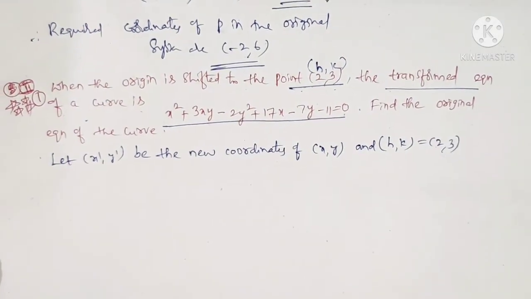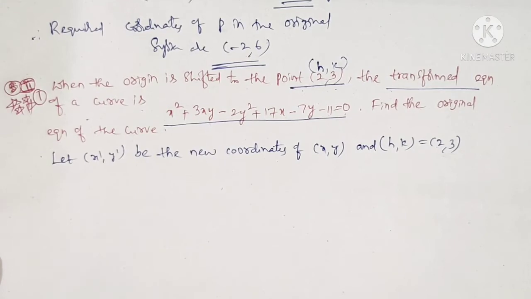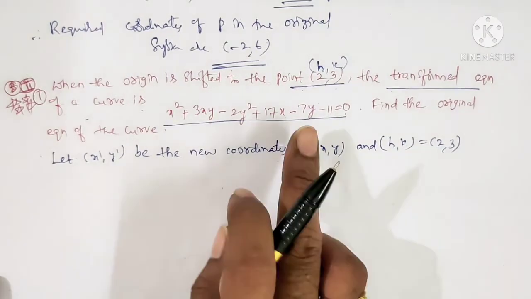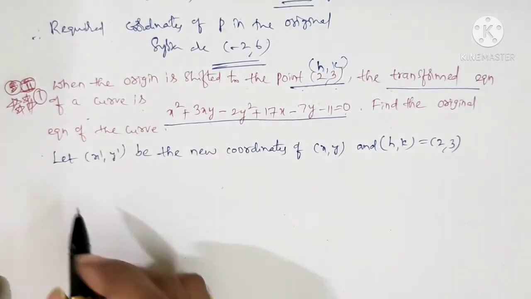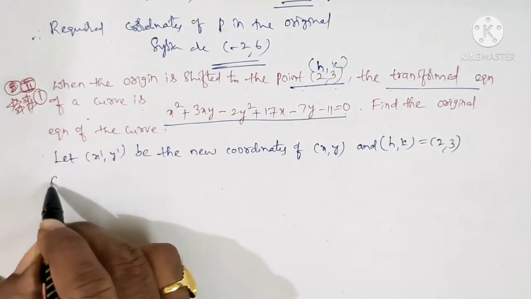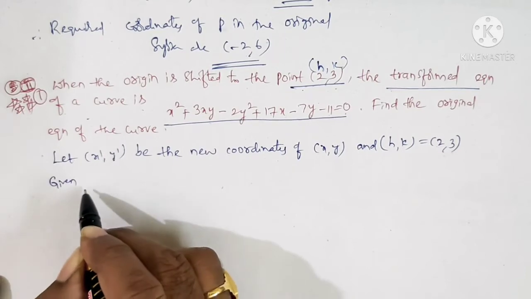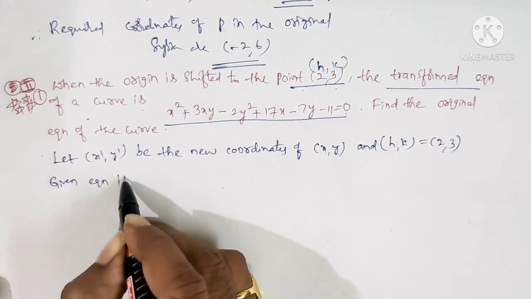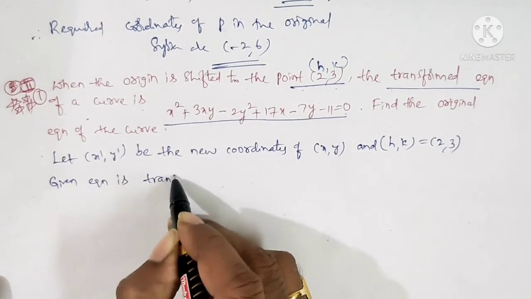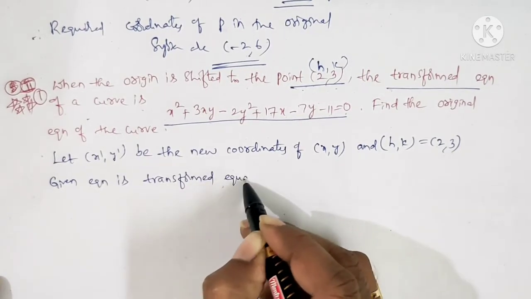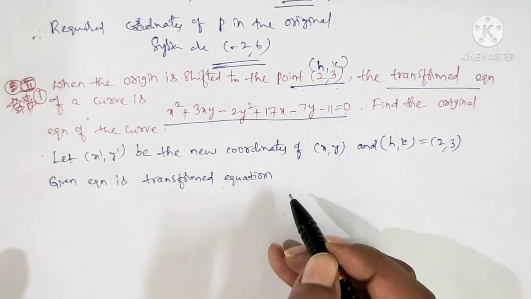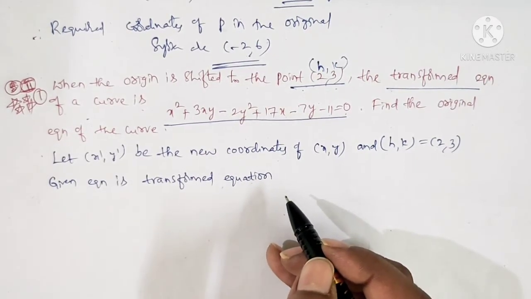Now the given equation is a transformed equation, so it should be in terms of x dash and y dash.